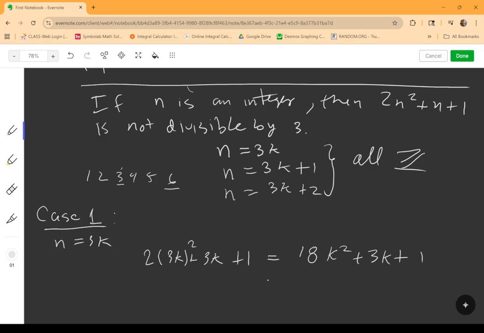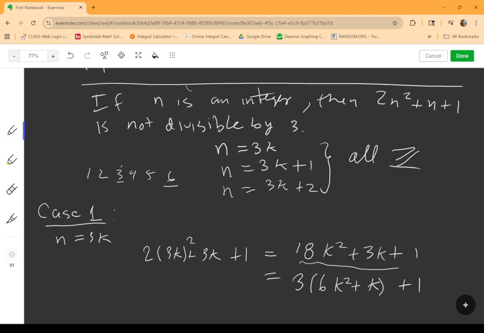All right. And now we can see here that I can factor a 3 out of these. Let's say 3 times 6k squared plus 1.